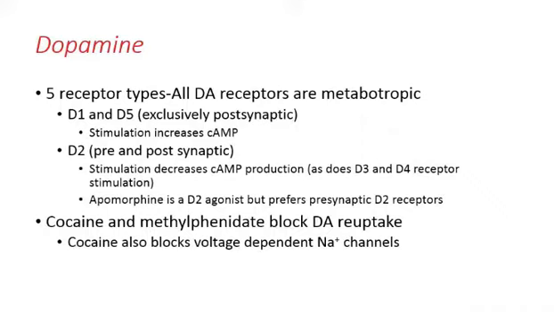Here, stimulation decreases cyclic AMP production, and D3 and D4 receptor stimulation also decreases cyclic AMP, or second messenger production. Apomorphine is a D2 agonist. It binds preferentially to those D2 receptors, but it prefers the presynaptic D2 receptors in particular.